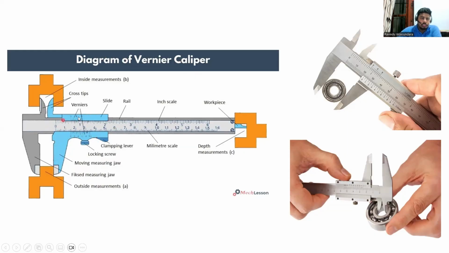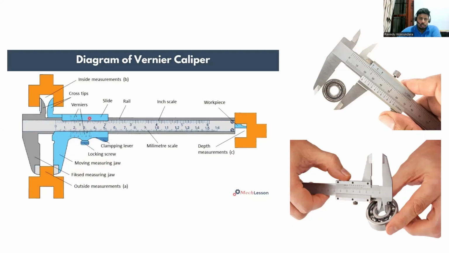In the blue color is the vernier scale. We call this the moving measuring jaw. You can call it the sliding jaw also. This blue one is the part that we are able to move back and forth. In real life, vernier calipers have two scales, because in some countries they use millimeters as the unit, and in some countries they use inches.